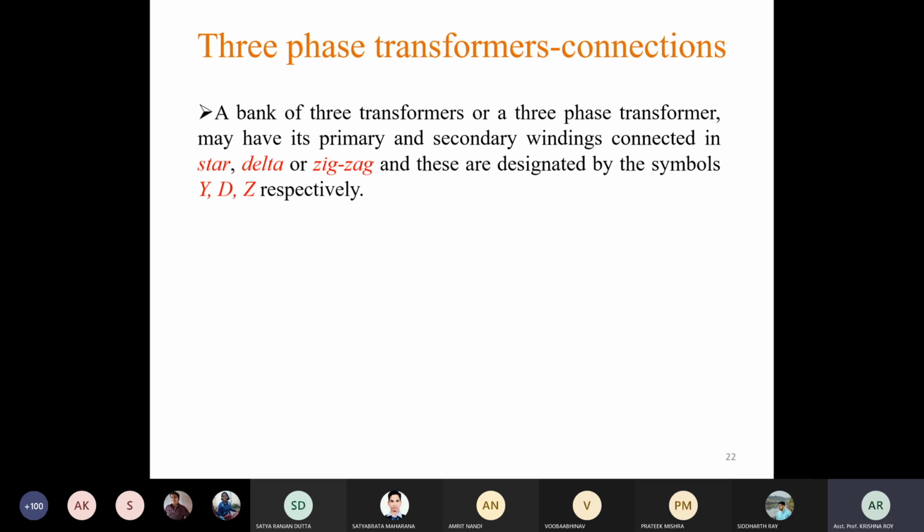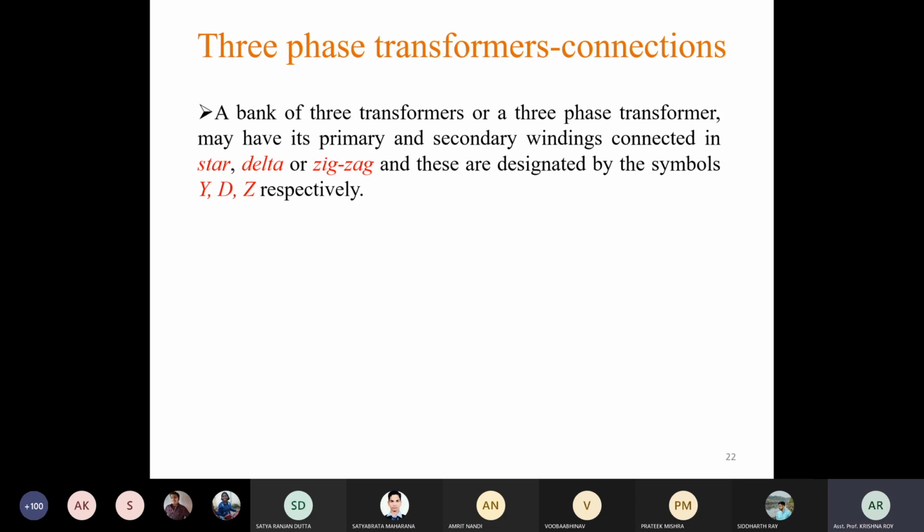In case of a bank of three transformers or a three-phase transformer, as I have already mentioned, if it is a single unit of three-phase transformer, the connections are made outside the tank, so you can change the connection anytime.